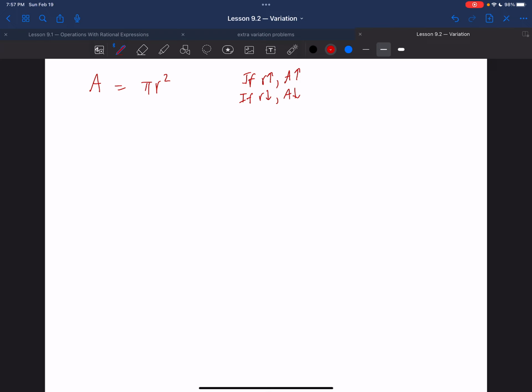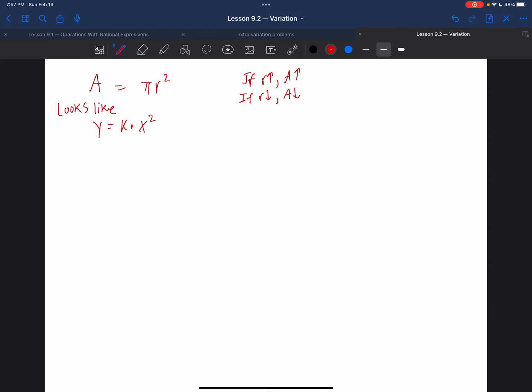So this is obviously a direct relationship, and we can see that from the equation because this looks like y equals k times x squared, yeah? So it's direct variation.